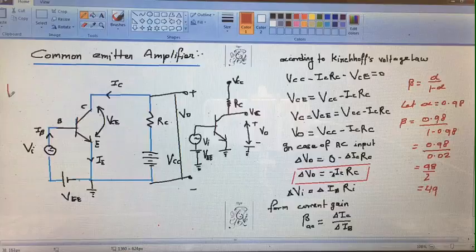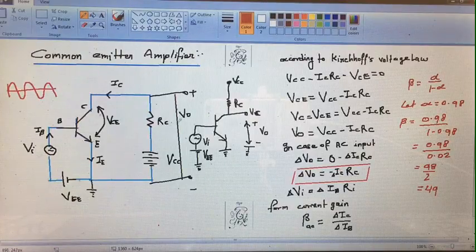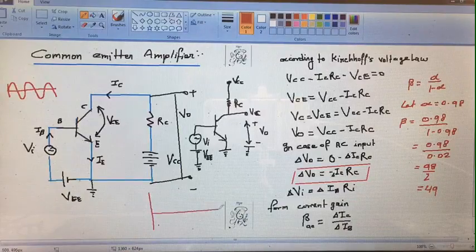Suppose we are providing input in this way. So the output will be, when we are considering positive half, in case of positive half, this base emitter junction will be more forward.